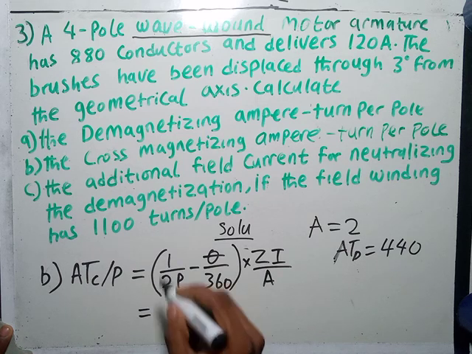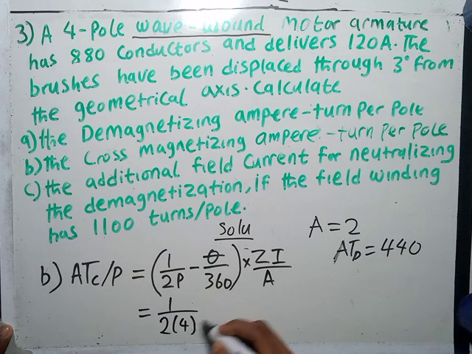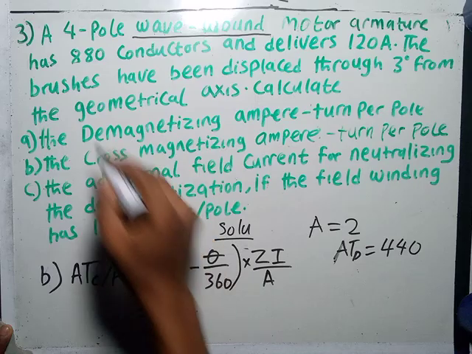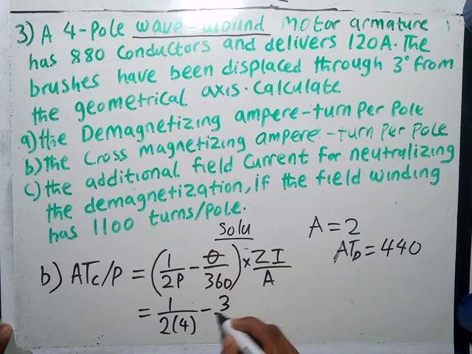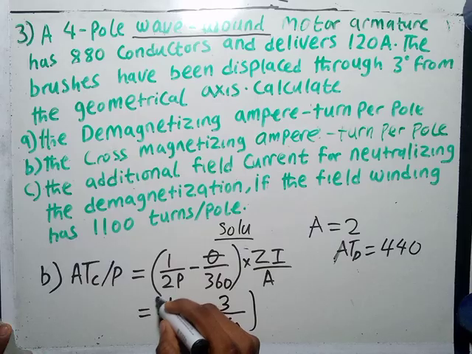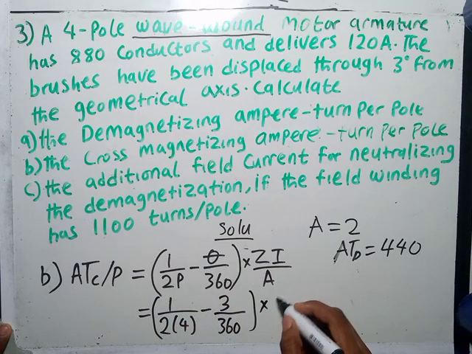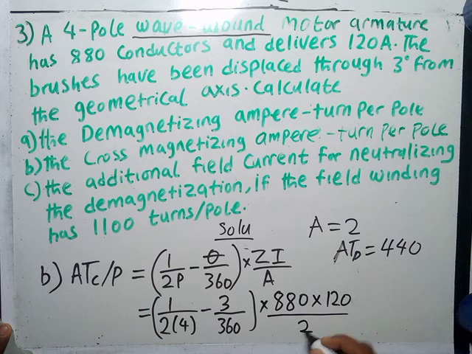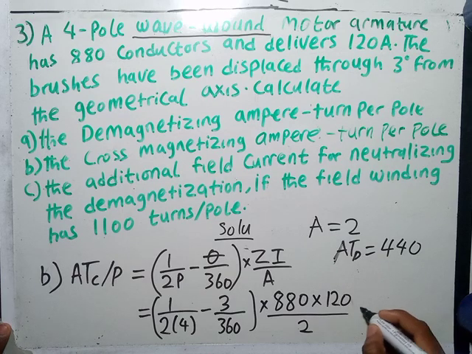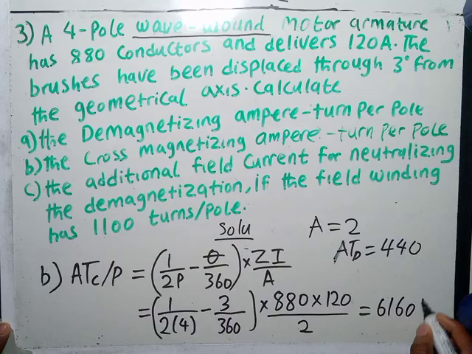Now, putting our values, we have that our P is the number of poles, and we are given 4 poles, minus our angle, which is 3, divided by 360, times Z being 880, times I, which is 120, all over 2. Inputting this in the calculator, we have our answer to be 616 ampere turns.